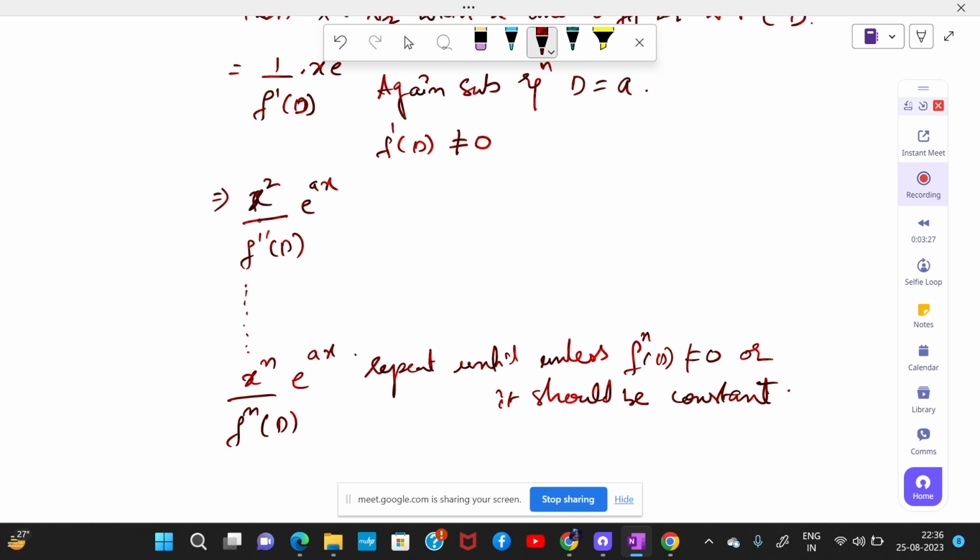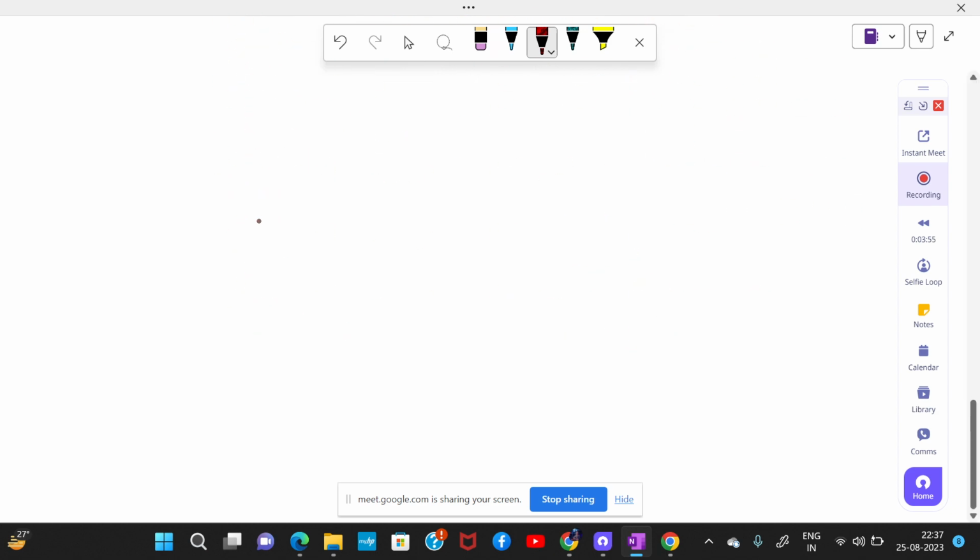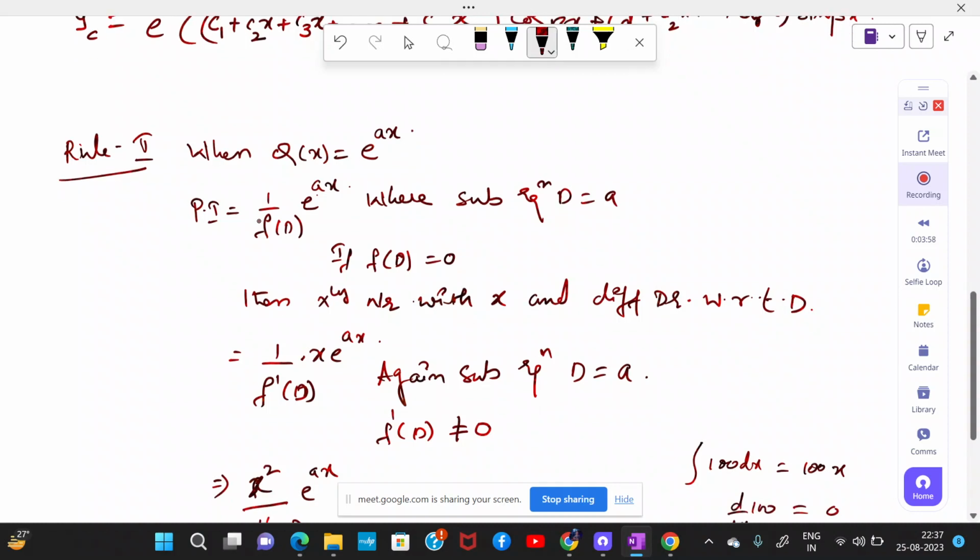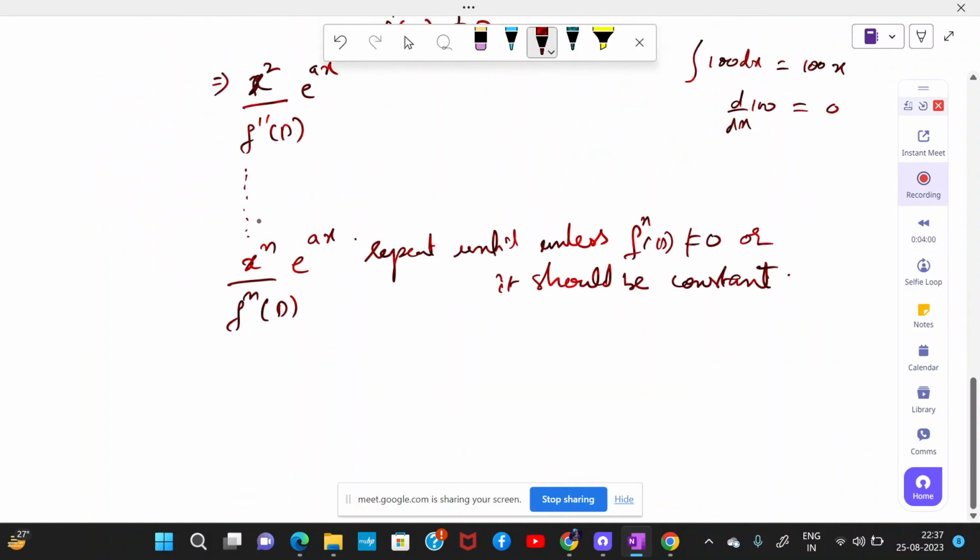If you integrate 100 dx with respect to x, it is going to be 100x. If you differentiate the constant number 100, it is going to be 0. Differentiation of a term becomes a constant, and integration gives the variable. Remember that. Have you taken this note? Shall I go for the problem directly, or shall I wait for a few seconds?